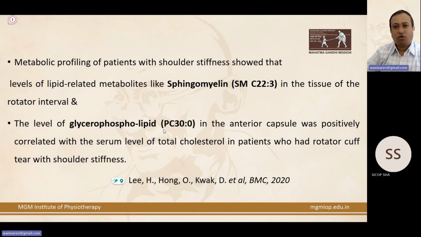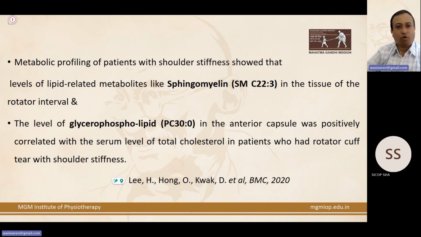On metabolic profiling of patients with frozen shoulder or shoulder stiffness, they found that lipid-related metabolites like sphingomyelin and glycerophospholipids are present in the tissues surrounding the shoulders.